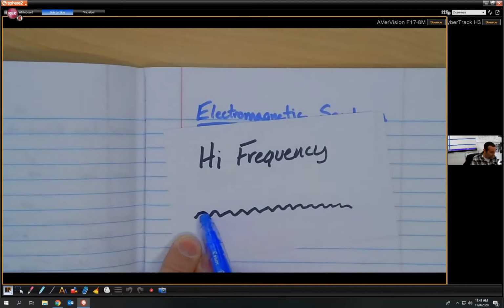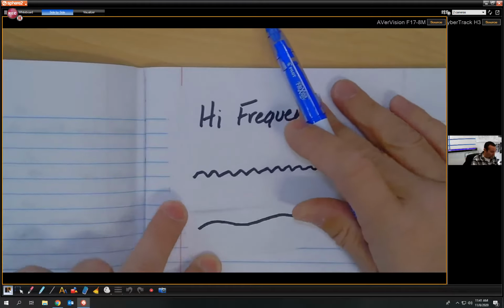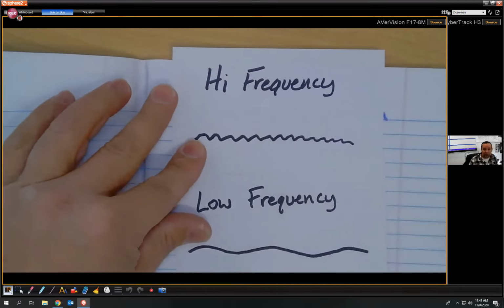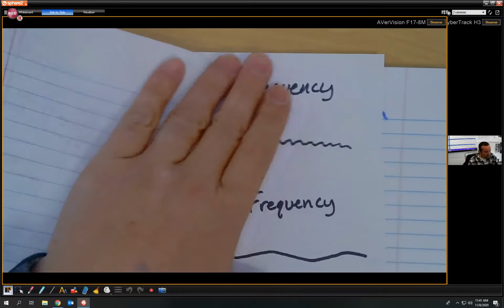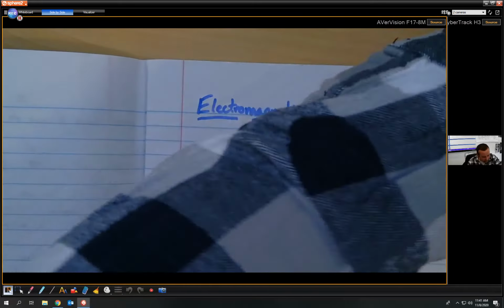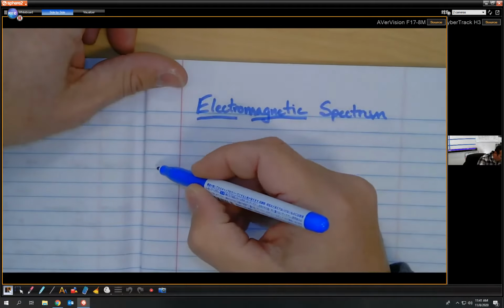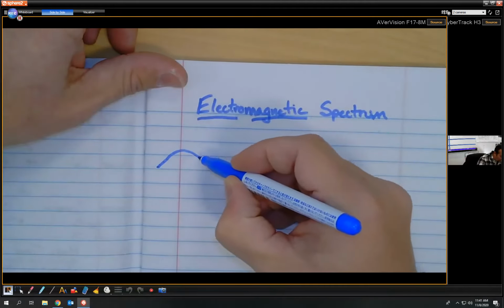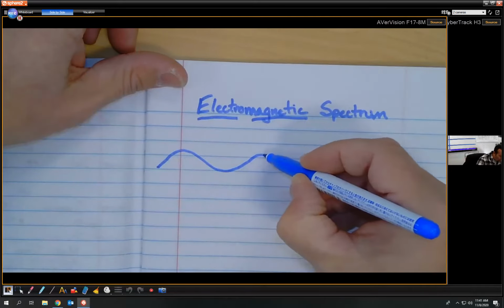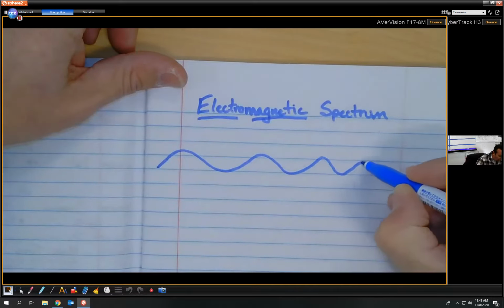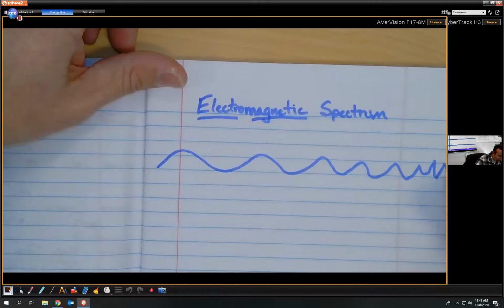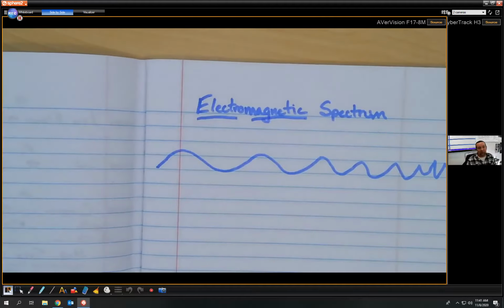And you can see there are several waves on that card versus the low frequency wave. Well, all of these happen in something that we call the electromagnetic spectrum, and it really kind of looks like this. So it starts off, and then it starts getting tighter and tighter, all the way to the end. And that's what we would call the electromagnetic spectrum.